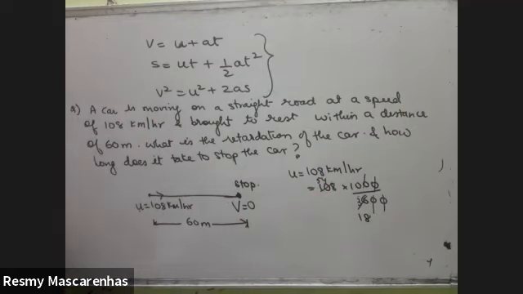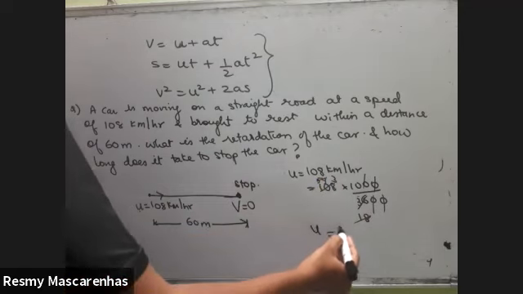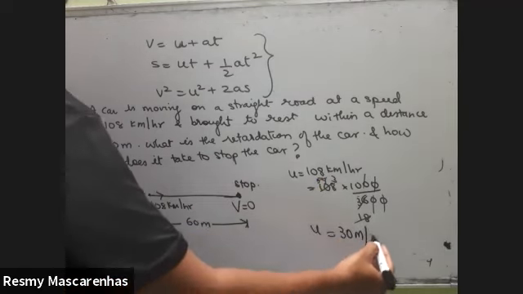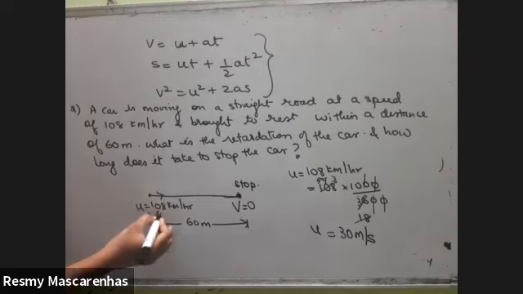And then 18 threes are, no? The answer you will get is 30 meters per second. If you take 108 and calculate, the entire problem will be wrong. So the U value is 30 meters per second.